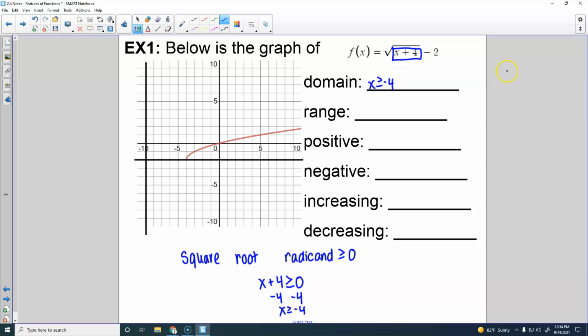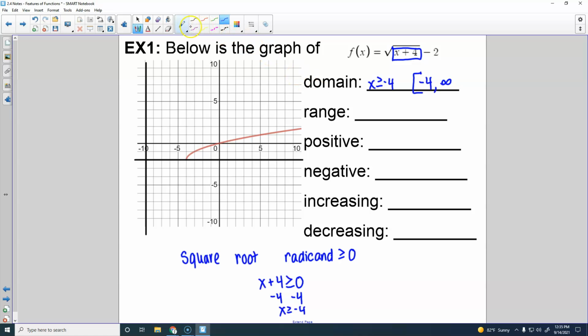So how would we write that using interval notation with the brackets and the parentheses? We'll have -4 to positive infinity. Did I use a bracket or parentheses with my -4? Okay, a bracket. And why do I use a bracket instead of a parentheses? It can be -4. It's or equal to.